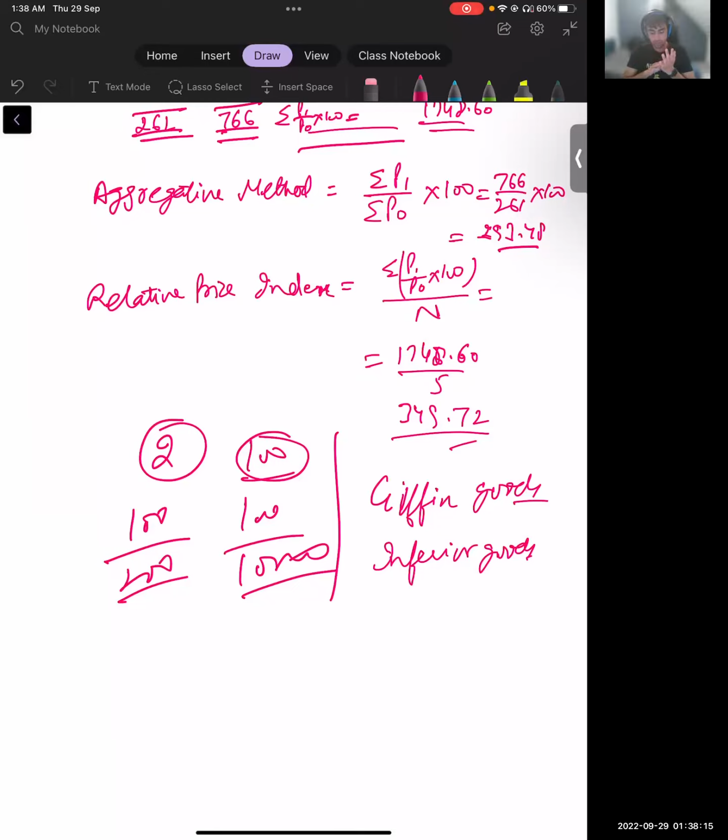Whether it is true for all goods, that's not so. For example, if the goods are necessities, then you may increase the demand, but you will never increase the demand for salt. It is not the case that if your income has risen, you will eat double salt in the food.